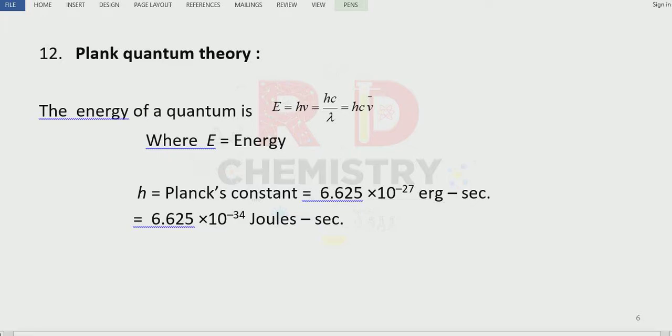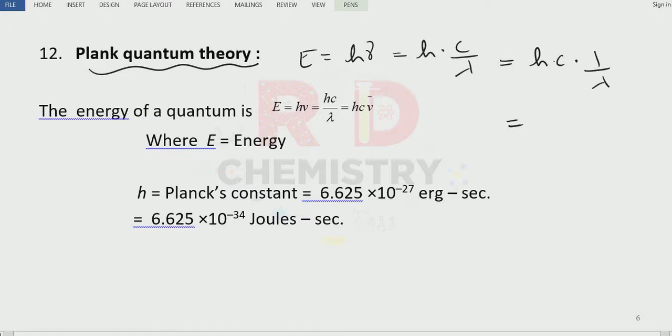We have Planck's quantum theory of light. According to this theory, E is equal to h nu. E is equal to h into nu, which can be written as h into c by lambda, or h into c into 1 by lambda. Then 1 by lambda is nothing but the wave number, represented as nu bar.